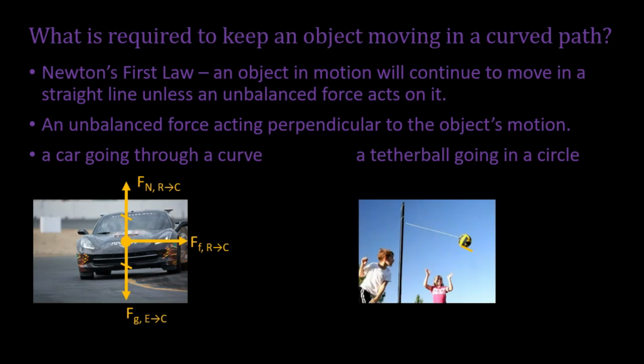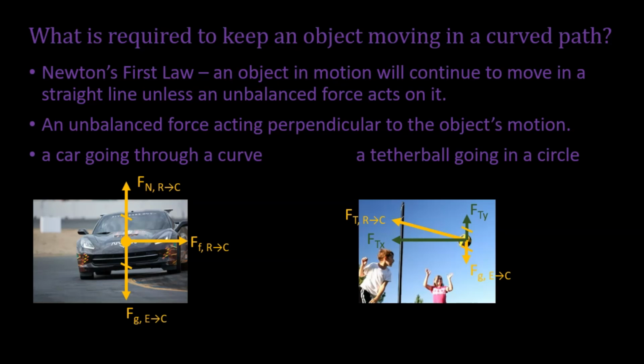Let's take a look at the tether ball. We have the tension force of the rope, and we have the force of gravity, Earth acting on the ball. Now, the tension force is not on the x or y axis, so we need to break it into its vertical and horizontal components. So we have the F sub tx, or the horizontal component of tension, and we have F sub ty, the vertical component of tension.